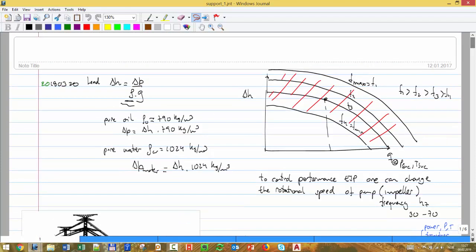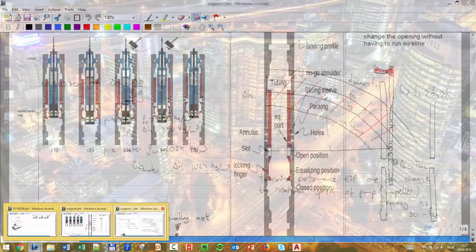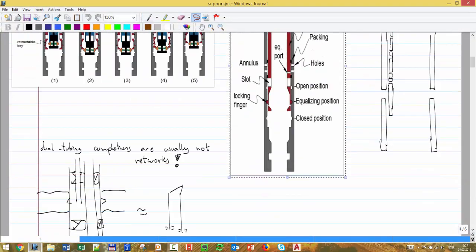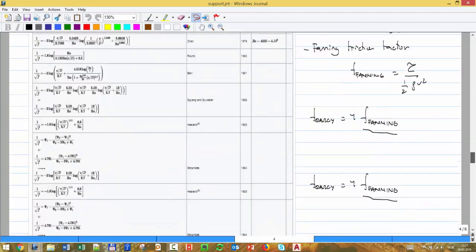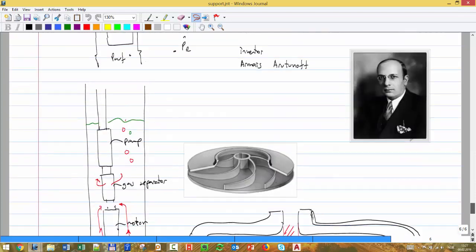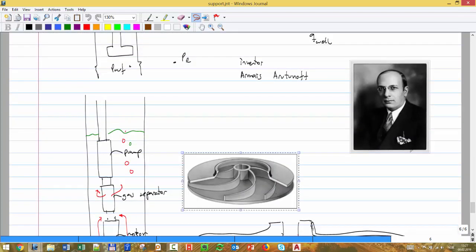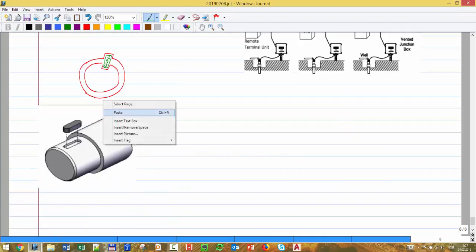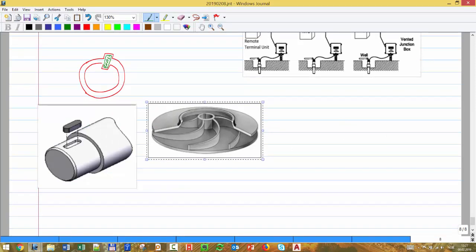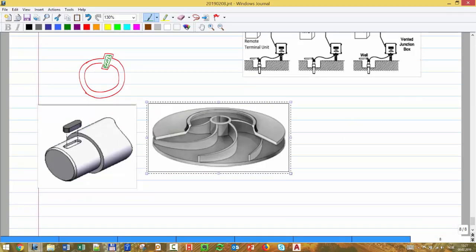Just for some historical reason, here we have the name of the inventor and the way the rotor looks. Here this should actually be upside down.